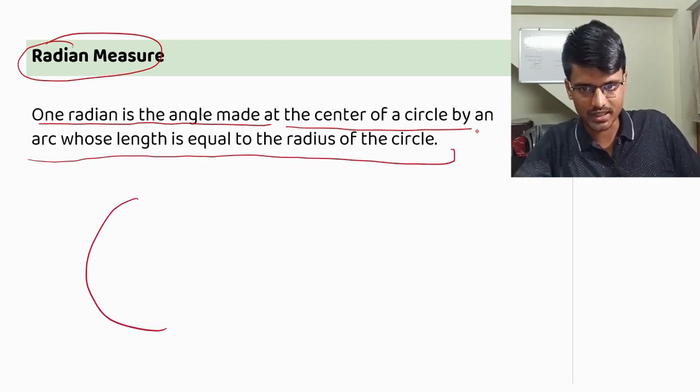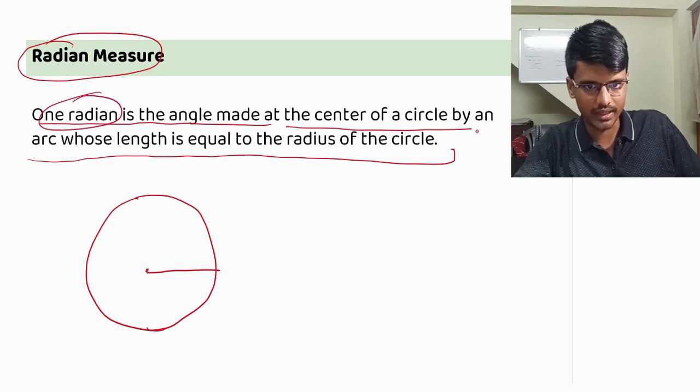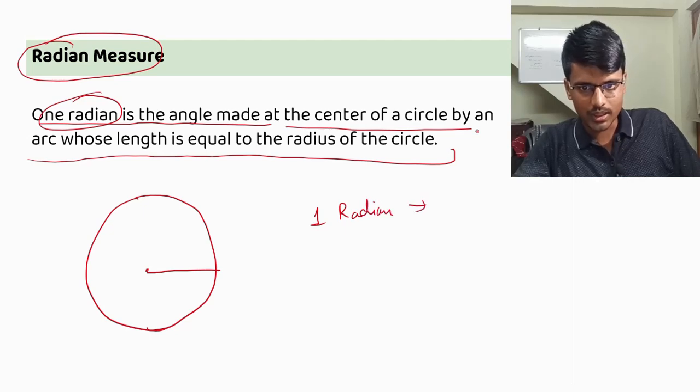See, we have got a circle. They are defining 1 radian. What is 1 radian? 1 radian is nothing but, if I have an arc, this is my arc, I'm just highlighting this.